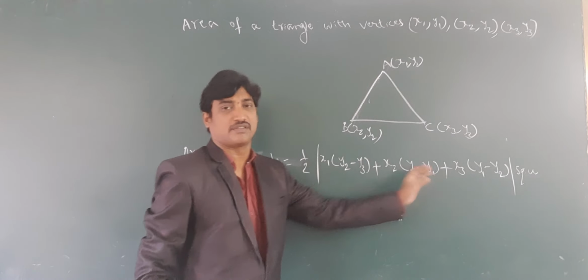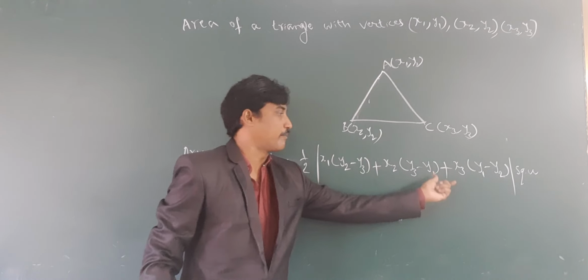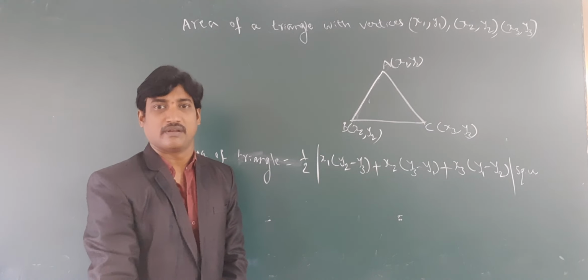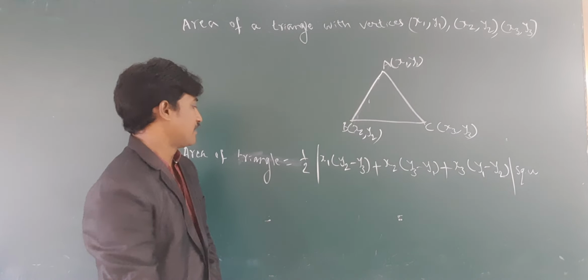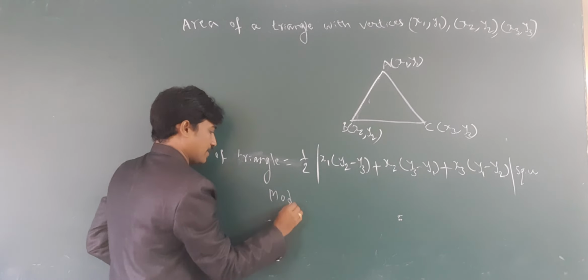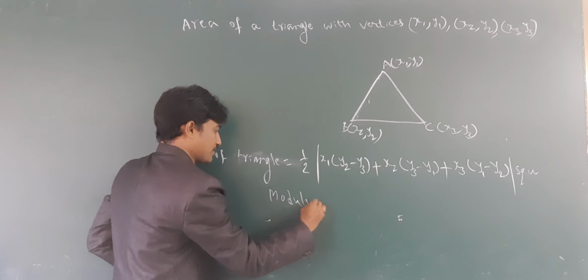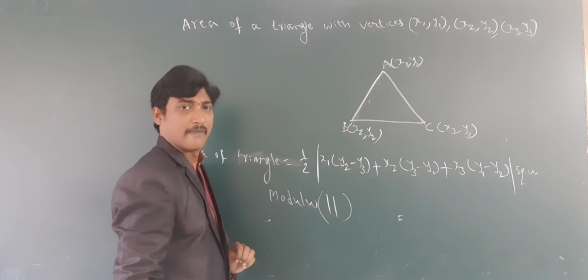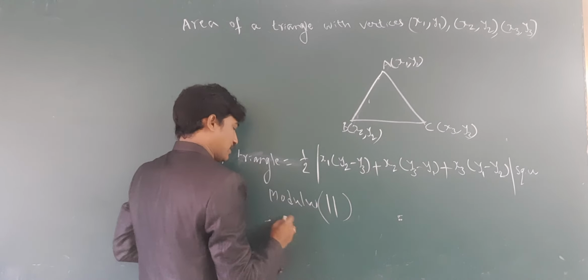Here we keep the modulus because the area of a triangle is never negative. The modulus symbol we also call the absolute value.